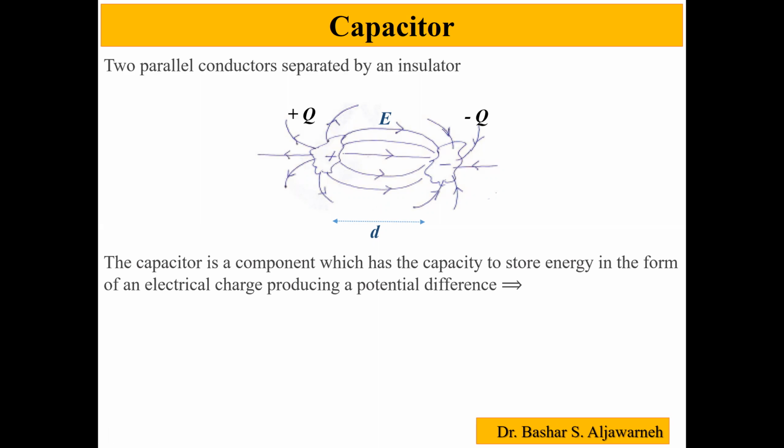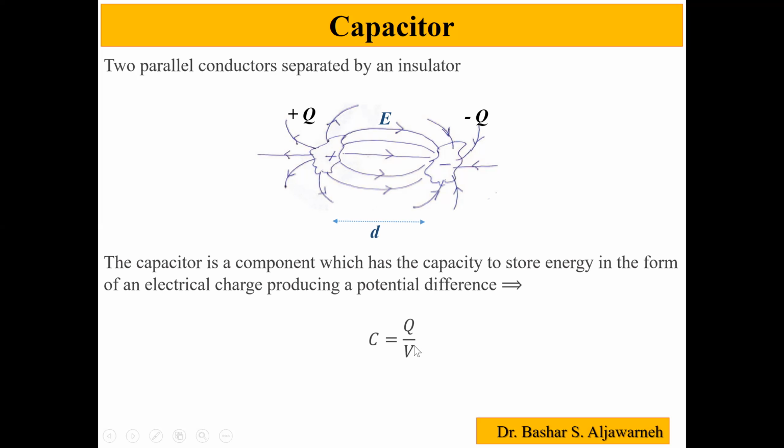And this energy should be in the form of electrical charge to produce a potential difference between the positive and the negative plates or conductors. Now, in general, the capacitor has a capacitance, and the capacitance here is defined as the amount of charge divided by the potential difference.